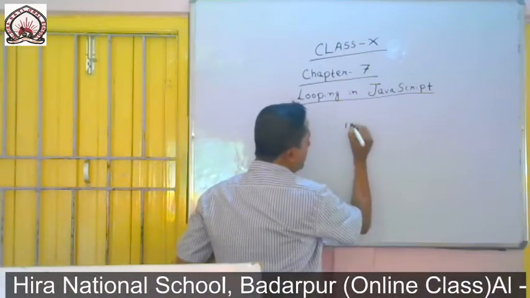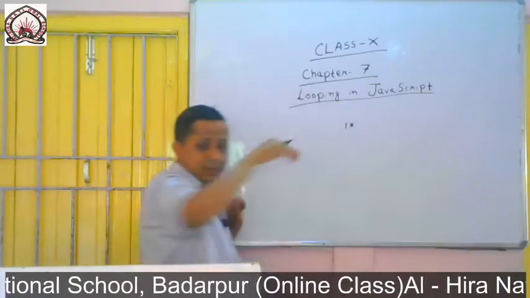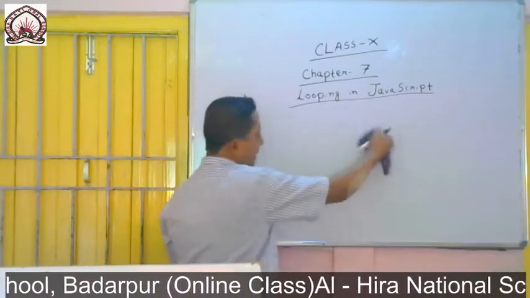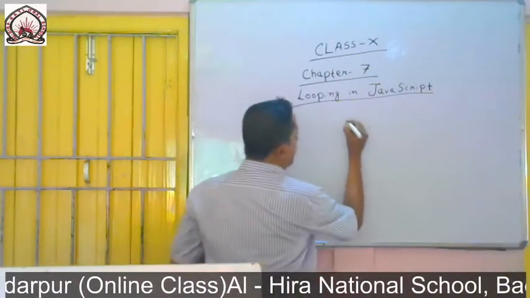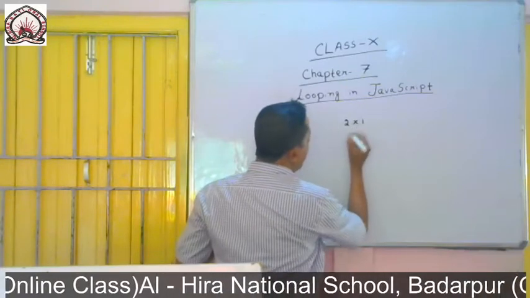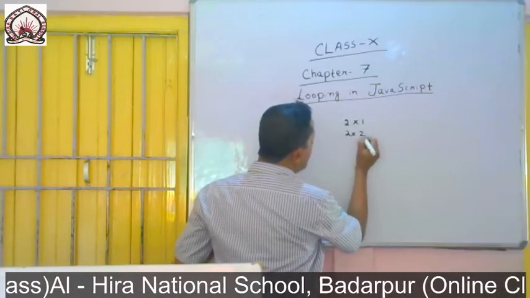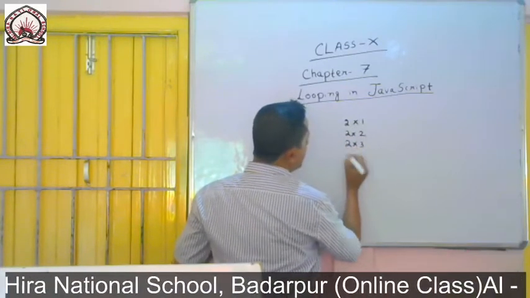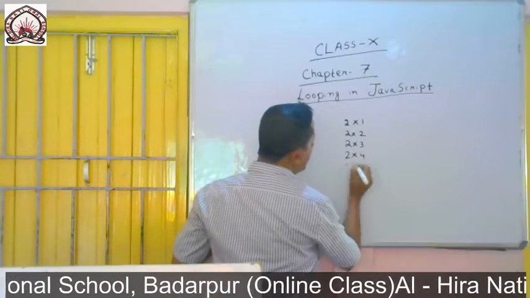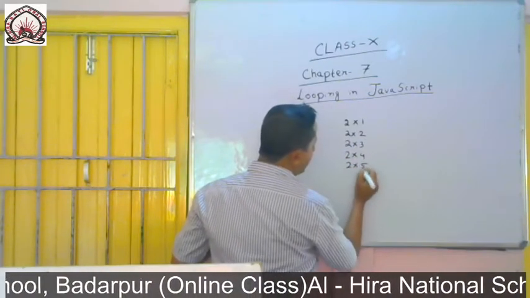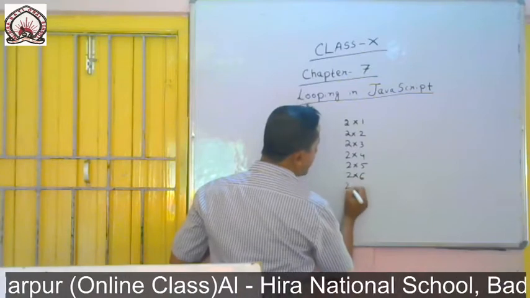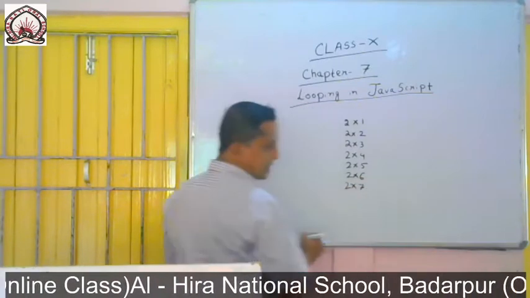Let me take the multiplication table of 2. 2 into 1, 2 into 2, 2 into 3, 2 into 4, 2 into 5, 2 into 6, 2 into 7, and so on.